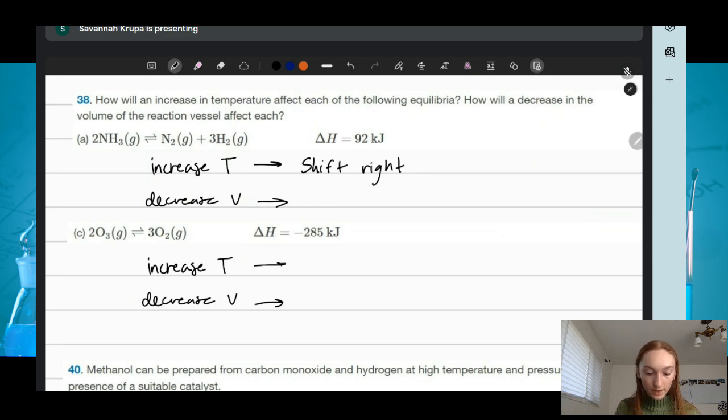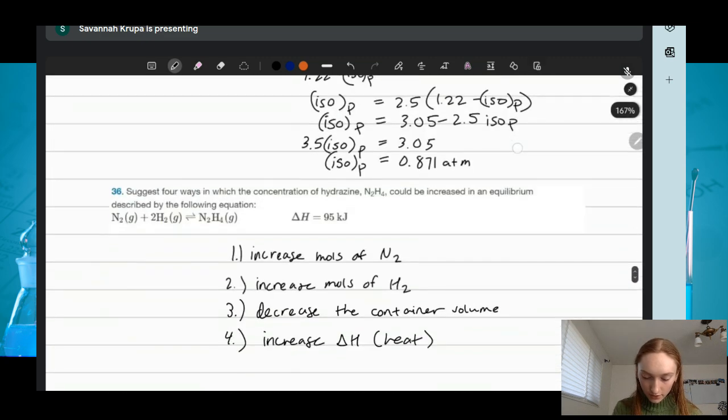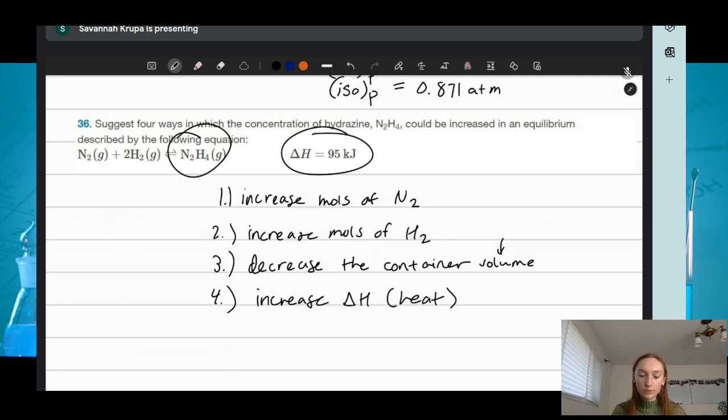And so when we decrease the volume, oddly enough, it's actually the opposite, because we will be shifting left. Unlike the last problem, where we increased or decreased the volume of the container and increased the production of the N2H4, and it was a positive enthalpy, and so we were able to increase the concentration.